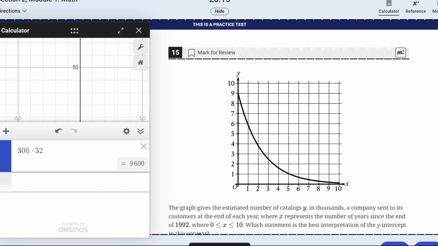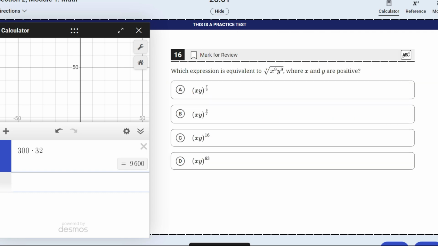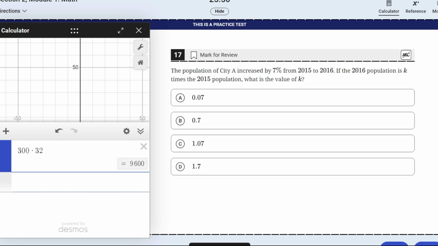So there should be 9,000 catalogs at the end of 1992. There is only one value that corresponds to that, which is D. Okay. Well, this is just power properties. The seventh root would be 1 over 7, so the answer is 9 over 7.